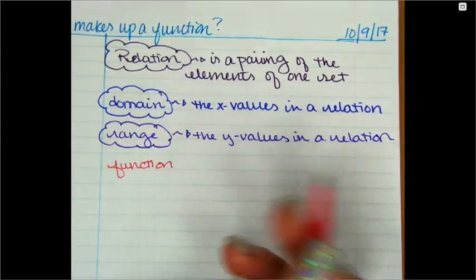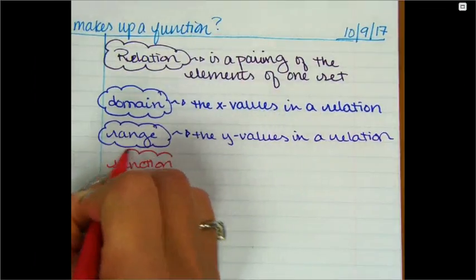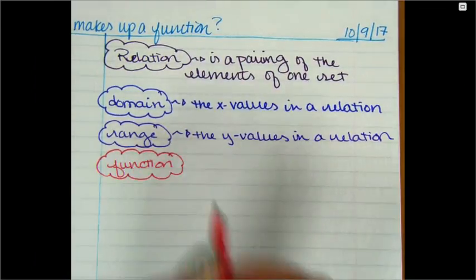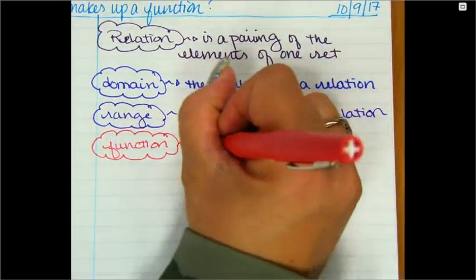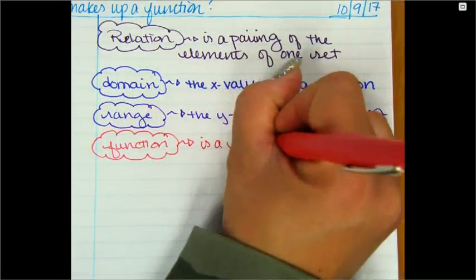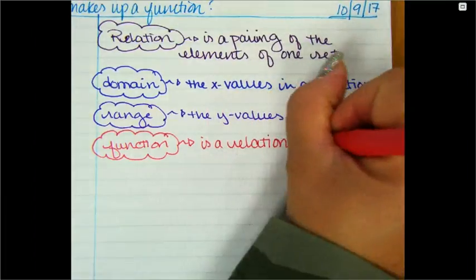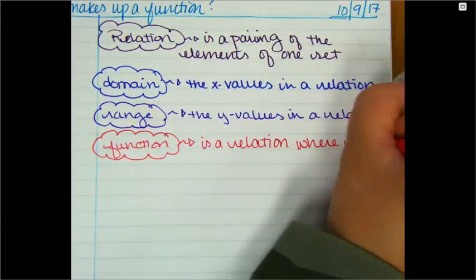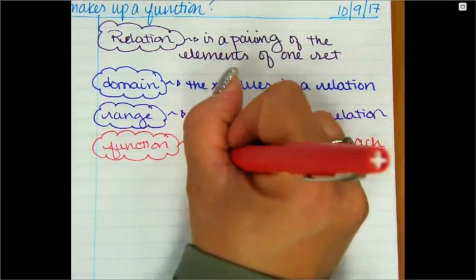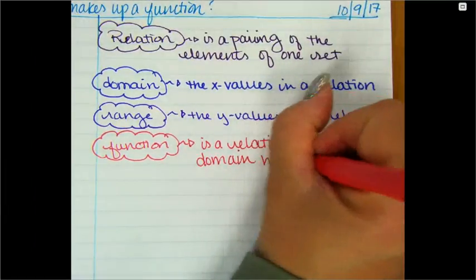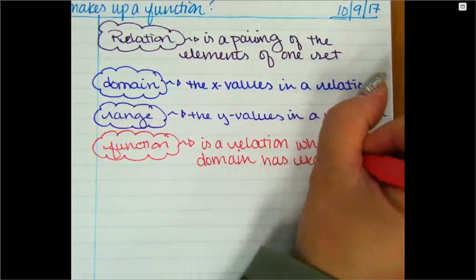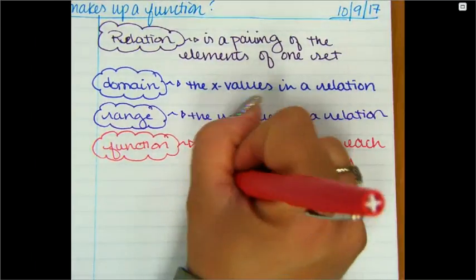The next one is function. A function is a relation where each domain, so in other words, each x value, has exactly one range.